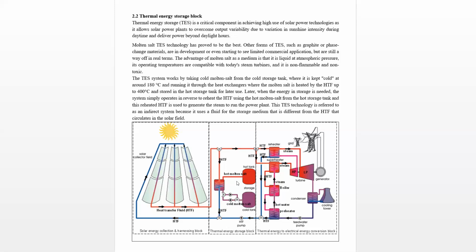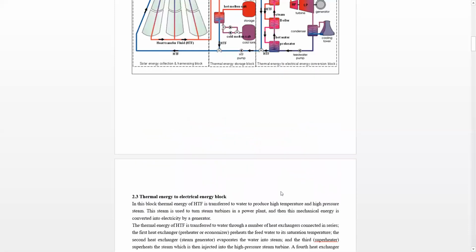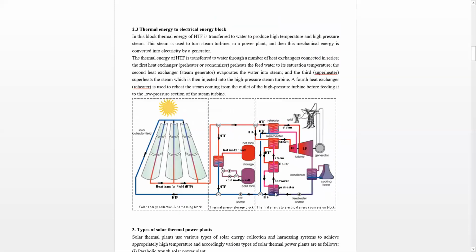Now, next we come to the third block, which is the thermal energy to electrical energy conversion block. So now here we can see that from this three-way valve, a part of this heat transfer fluid is going to this thermal energy to electrical energy conversion block.